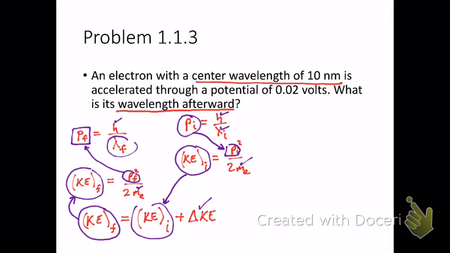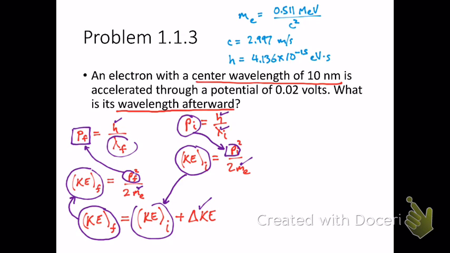Let's say the mass of the electron is 0.511 mega electron volts divided by c squared, where c is the speed of light, and it's 2.997 times 10 to the 8 meters per second. And we also need h, Planck's constant, which I like to use in electron volts. That's 4.136 times 10 to the negative 15 electron volts times seconds.